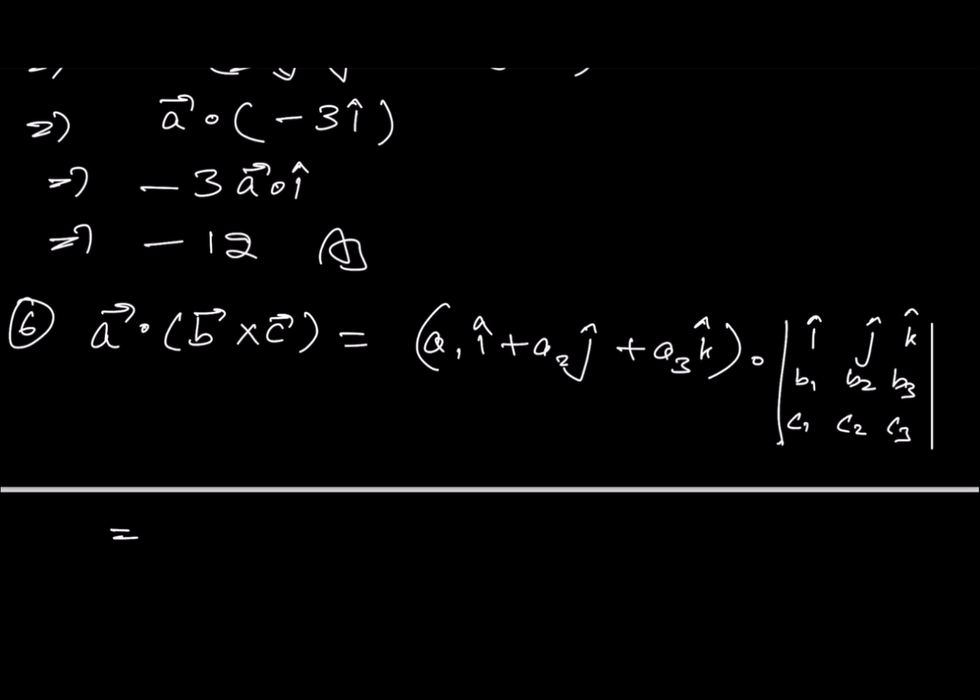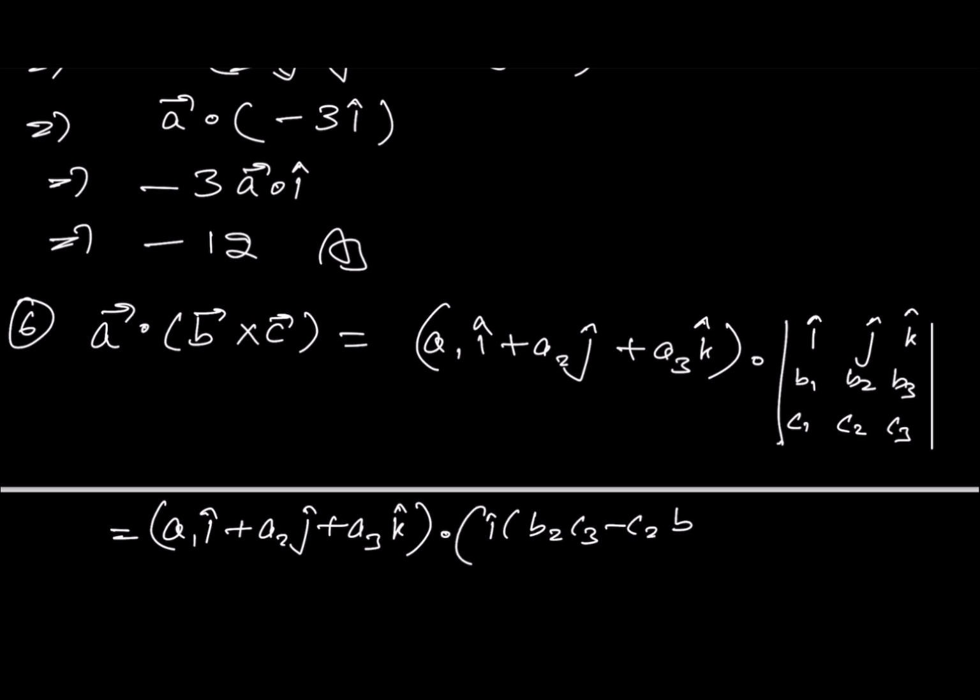So A1 I cap plus A2 J cap plus A3 K cap dot I times (B2 C3 minus C2 B3) minus J times (B1 C3 minus B3 C1) plus K cap times (B1 C2 minus B2 C1).